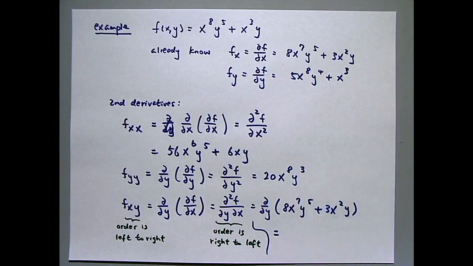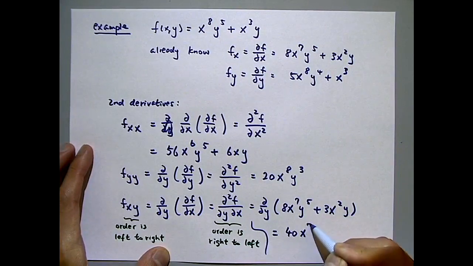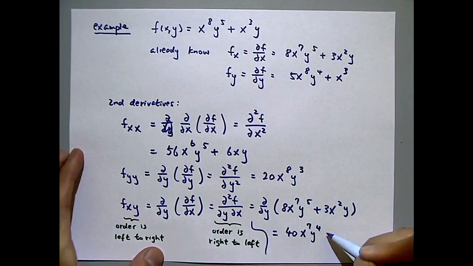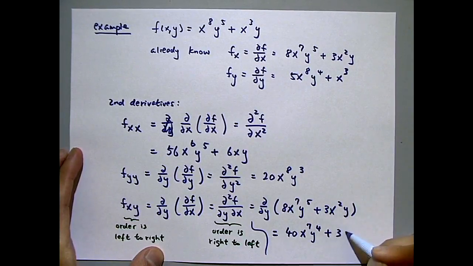So what do we get out of 8x to the 7th, y to the 5th? Good. 40x to the 7th, y to the 4th. Everybody agree with that? Yes? Nod your head so I can see. Good, thank you. Second group, what do we get? Yeah, 3x squared.